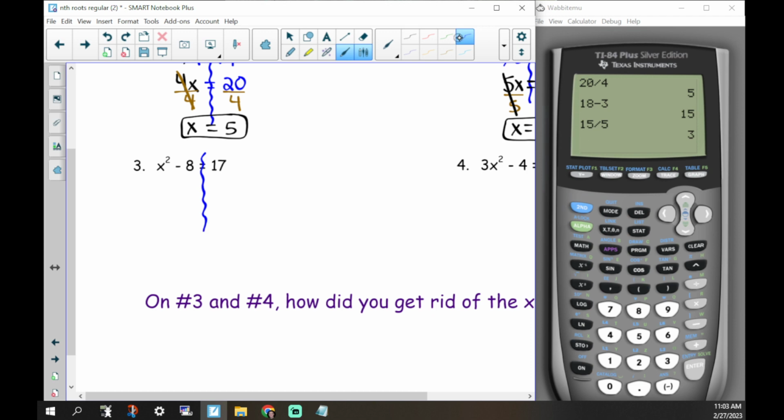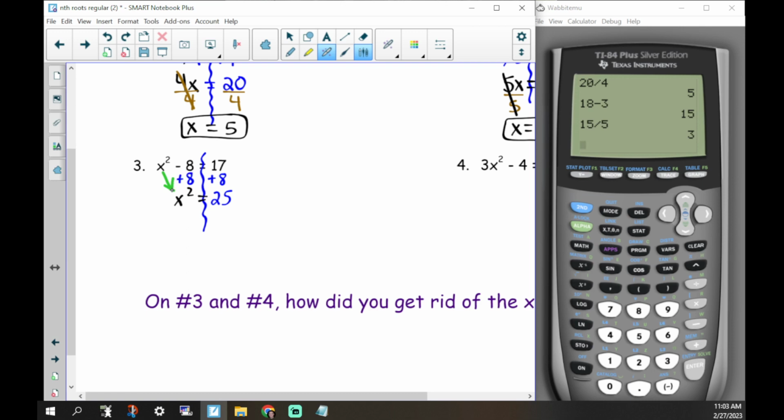The opposite of minus 8 is plus 8, and we do that to both sides. 17 plus 8 is equal to 25. Over here we have x to the second power; we just brought it down.